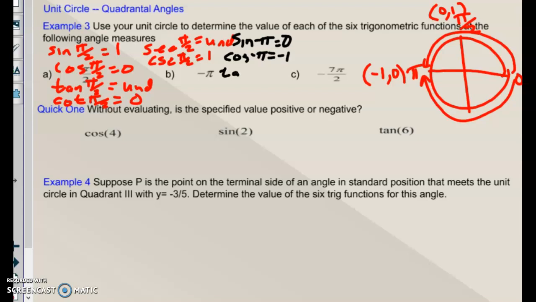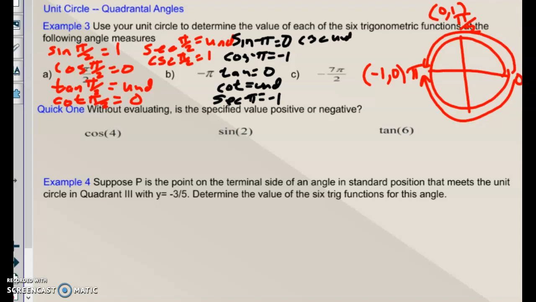The tangent is the sine divided by cosine, which is 0. The cotangent is -1 divided by 0, which is undefined. So in relative terms here, we know the reciprocal of 0 is undefined, and the reciprocal of undefined is 0, which is going to become important. The secant is -1, reciprocal of -1 is 1, and again, the cosecant up here is going to be undefined.